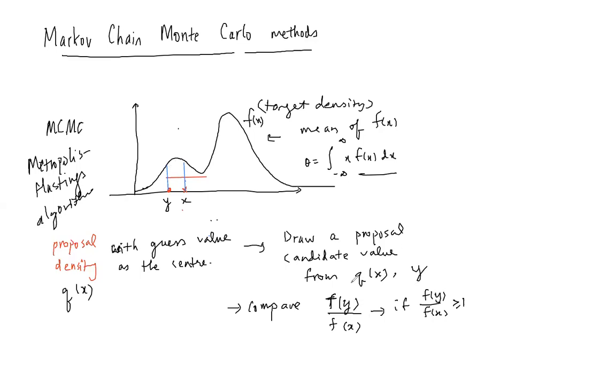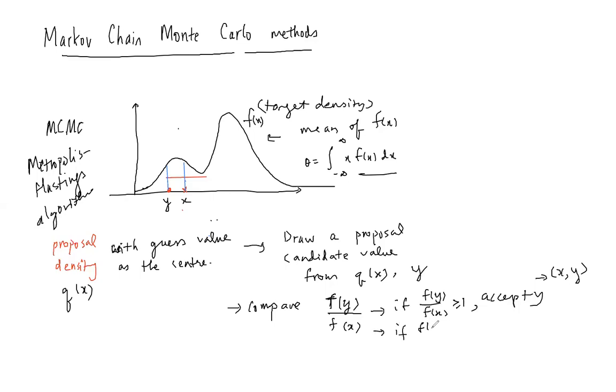So if this f(y) is higher than f(x), this ratio will be greater than or equal to 1. If this is true, accept y, and then your sequence now becomes x, y.